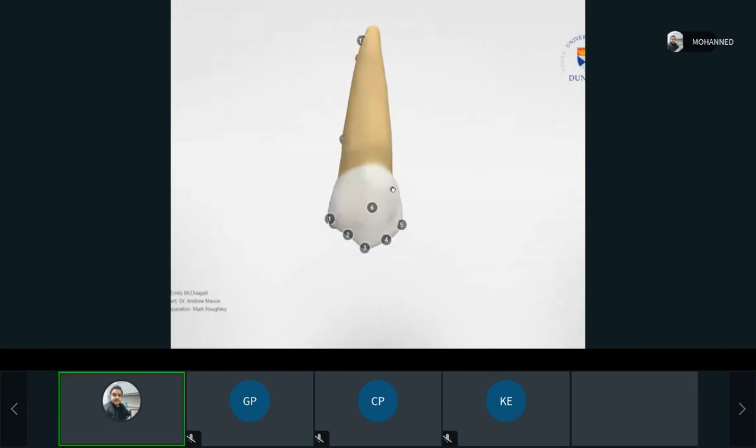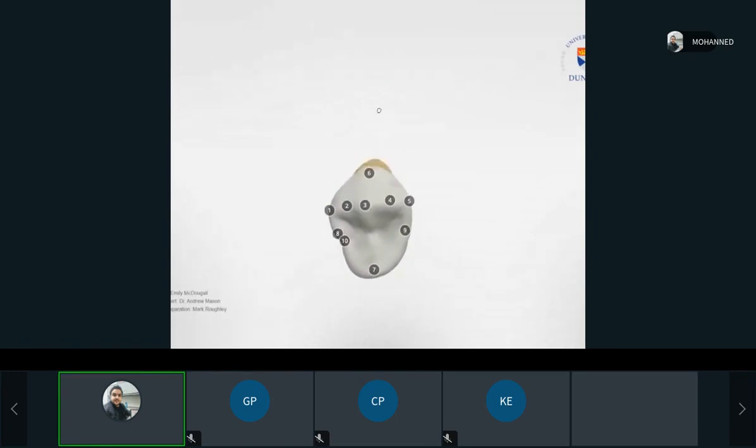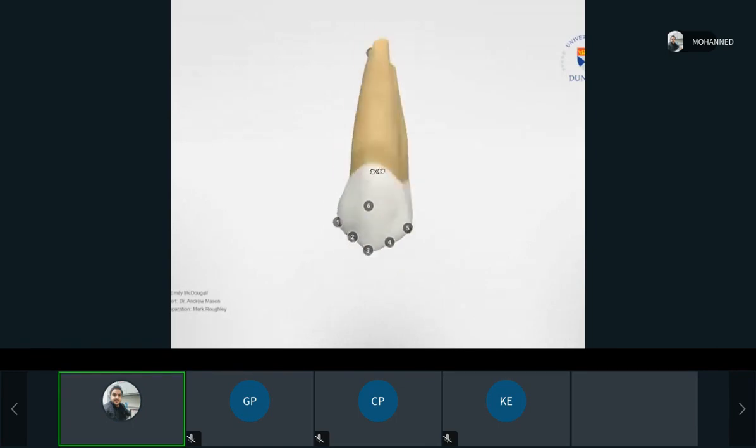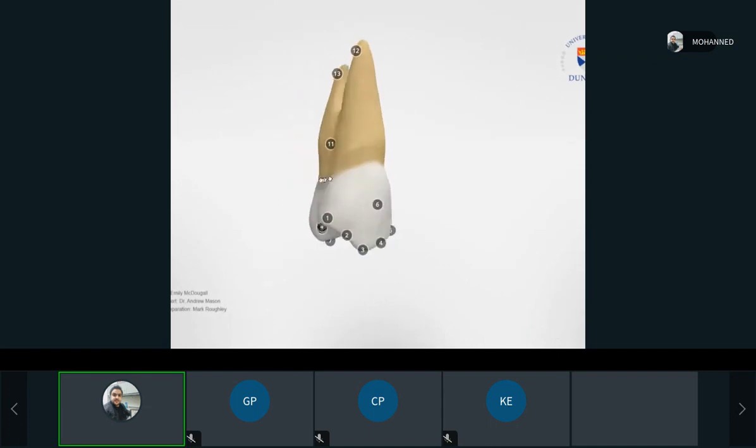But when you look at it occlusally, you can see there is a difference. Now we have how many cusps? Two cusps, right? The buccal one is longer, as you can see. This is the lingual cusp here, and this is the buccal cusp. The buccal one is longer than the lingual. That's again for the maxillary first premolar.